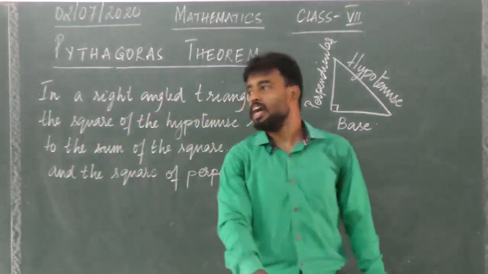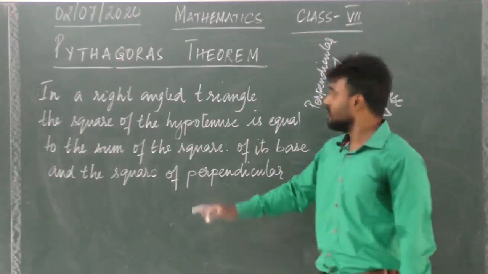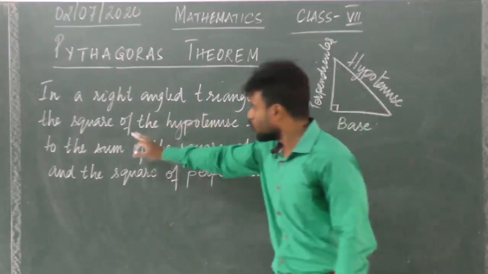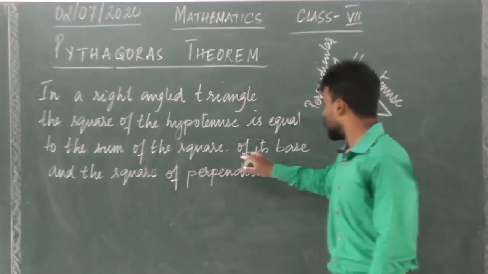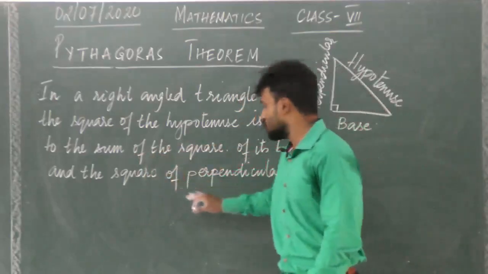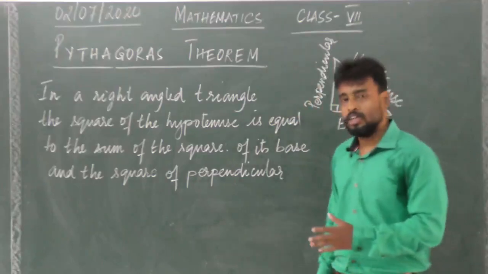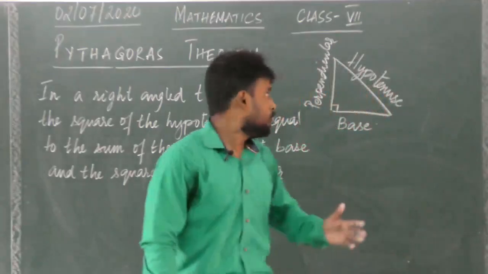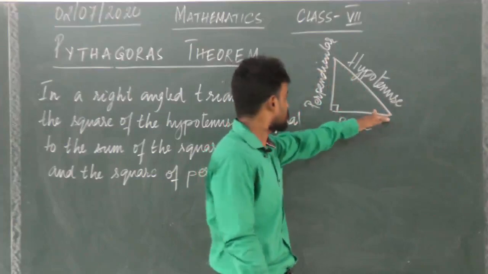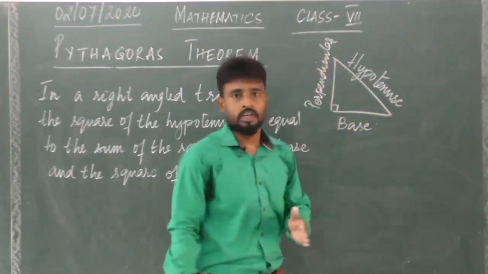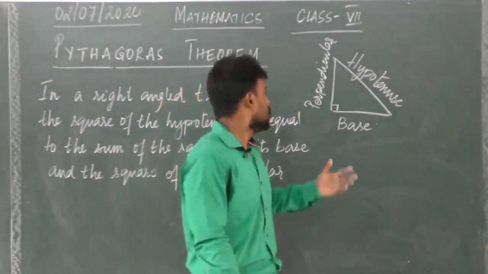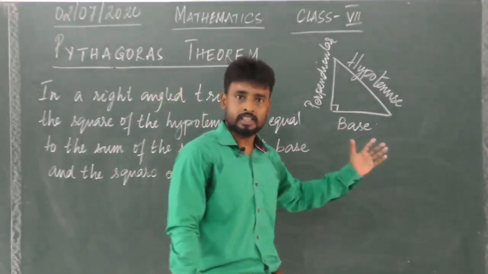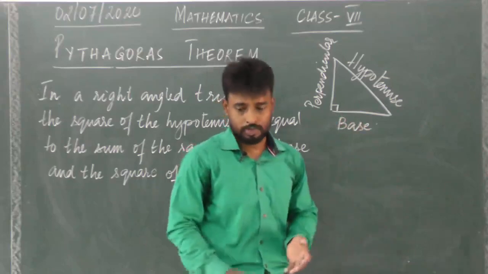What I have written is, in a right angle triangle the square of the hypotenuse is equal to the sum of the square of its base and the square of its perpendicular. In a right angle triangle we have this as the hypotenuse, this is the base and perpendicular. Now let us see how this works.